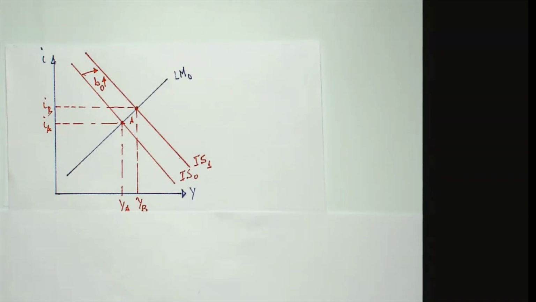So again, our high investment shock in this scenario is captured by a shift of the IS curve from IS0 to IS1, and this resulted in a higher level of income and a higher level of interest rate.